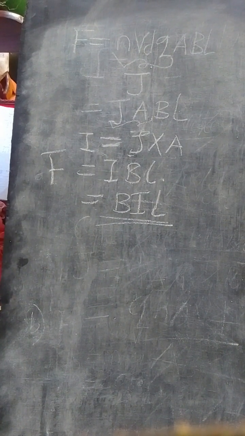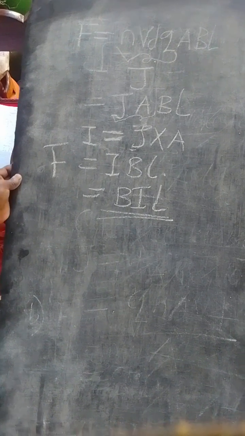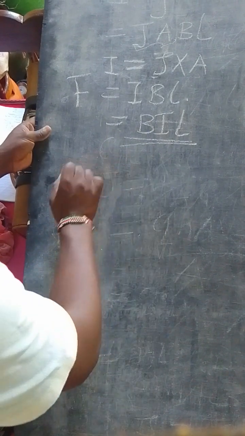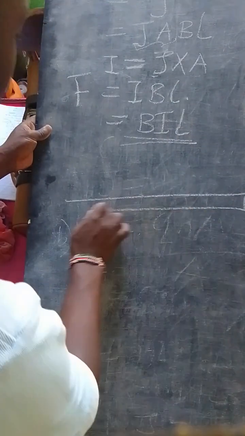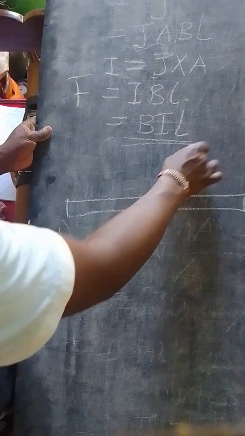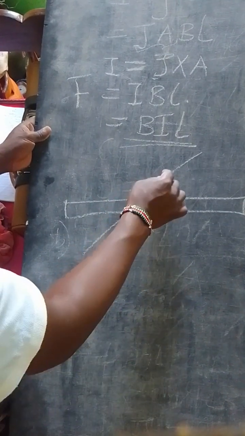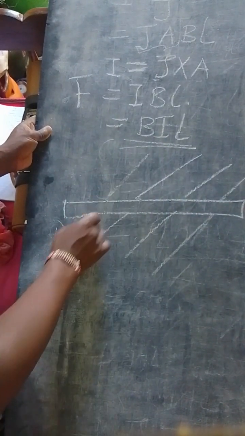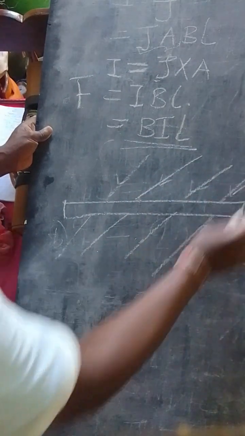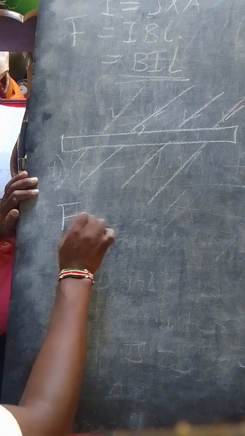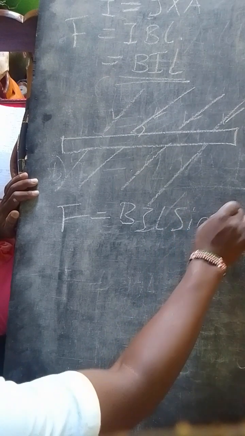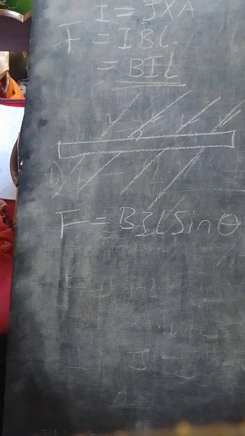So we have that current carrying conductor placed at an angle in the magnetic field, because our magnetic field, remember, is now making an angle. We will be having a force equal to B I L sine theta. That will be the force.